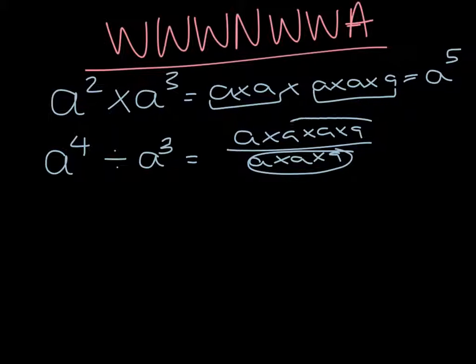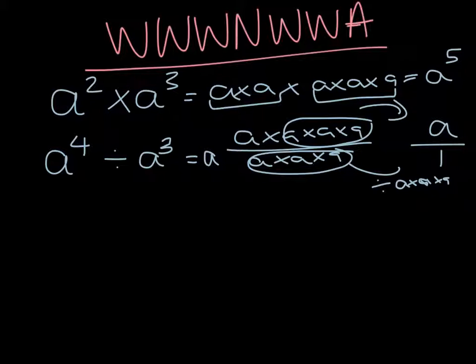There's a cubed common to both, so I'm going to divide by a times a times a. I'll be left with 1 on the bottom. Do the same to the top and you'll be left with a there. So that's going to be just a on its own, which could be written as a to the power of 1.